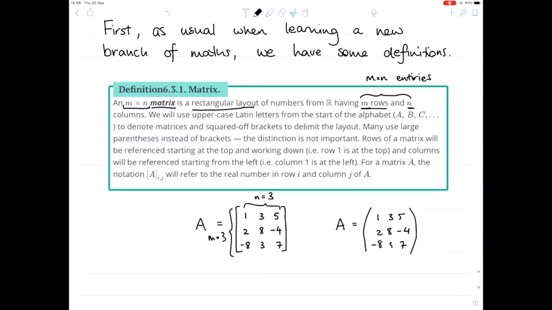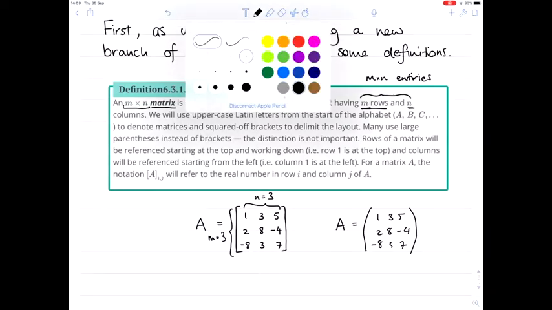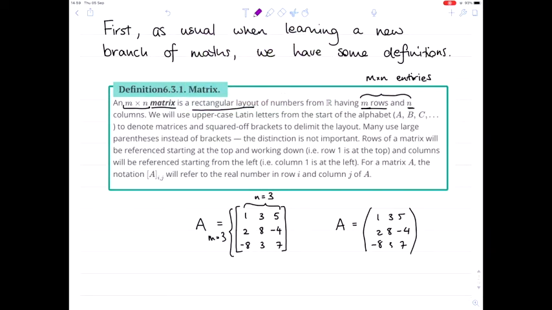If we want to talk about a specific row of a matrix, we start by labeling rows from the top. So this would be row 1, row 2, and row 3. And if we want to reference a column, we work from left to right. So this would be column 1, column 2, and that's column 3.